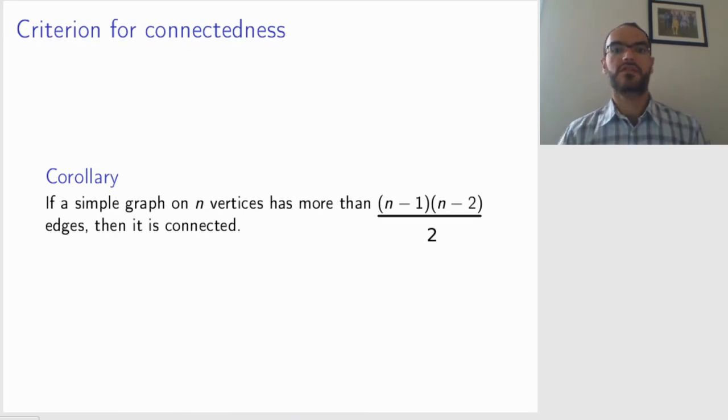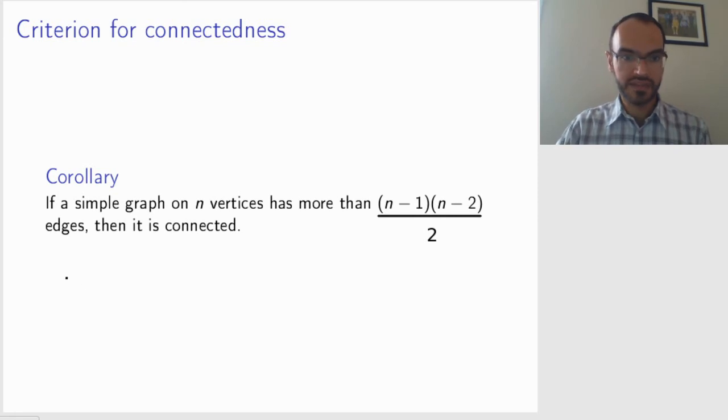As a consequence of that big theorem, we have a criterion for connectedness. If ever you see a simple graph and you know that it has more than this number, n minus 1 times n minus 2 divided by 2 edges, then it has to be connected. Why is that?